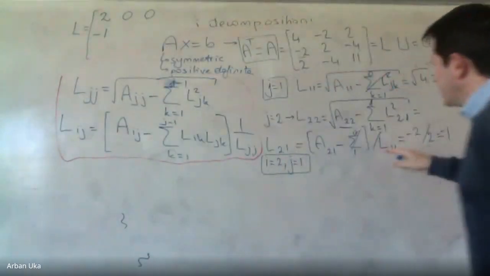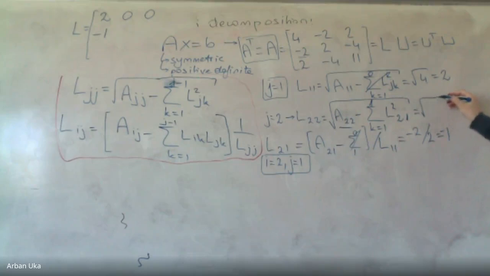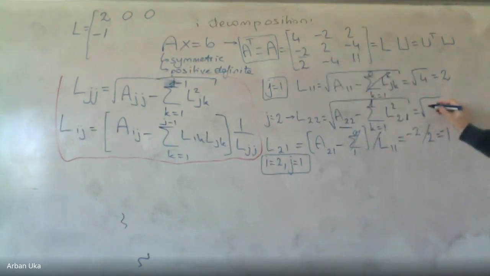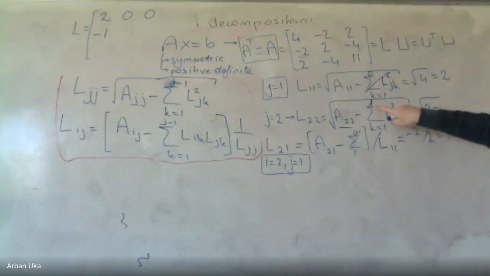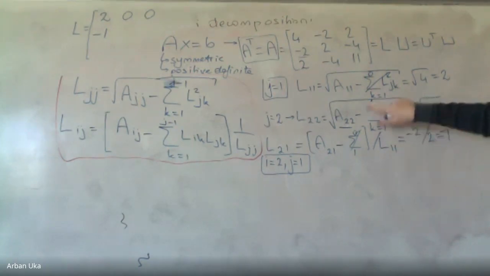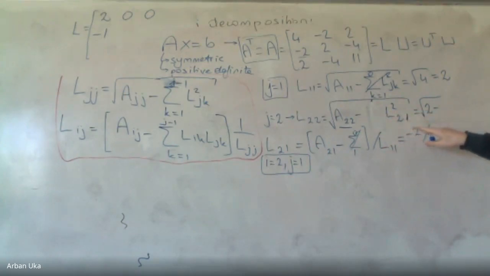Now that we know L21, we can insert it here, and we get the square root of A22, which is 2, minus, since we have only one term in the summation from 1 to 1, minus L21 squared.